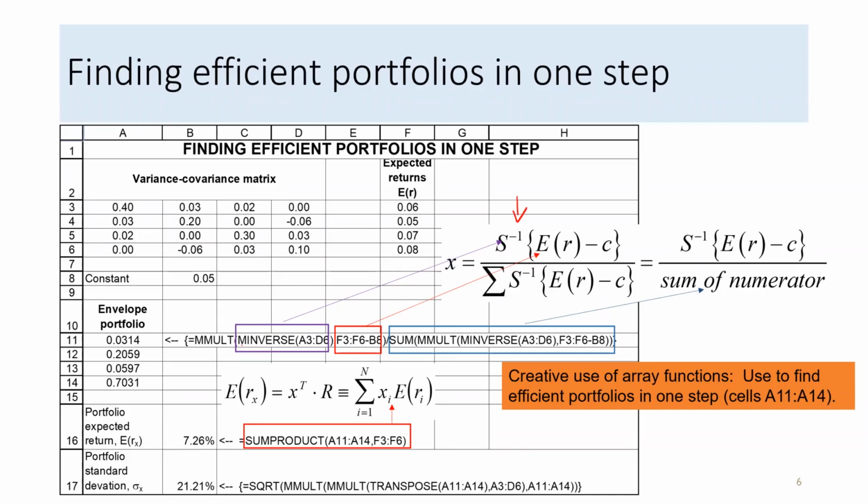So we first inverse here, and outside of this inverse, we add matrix multiplication: multiply S inverse by the difference of return and the constant. So that will be the numerator, and the denominator will be here.